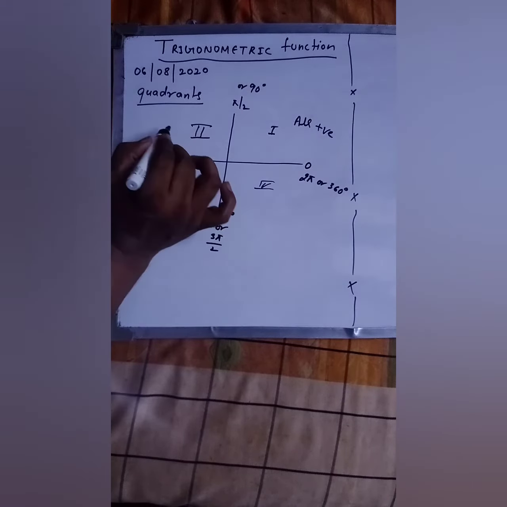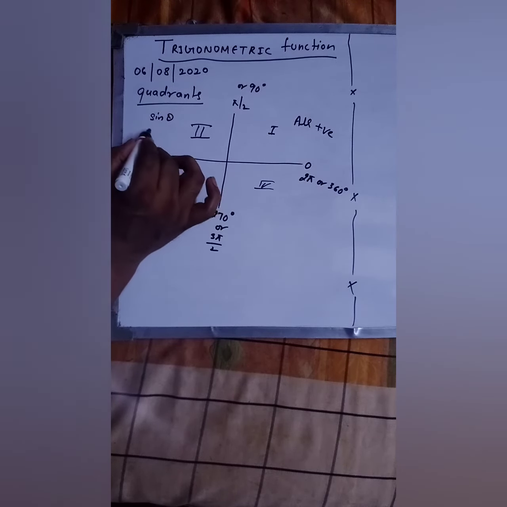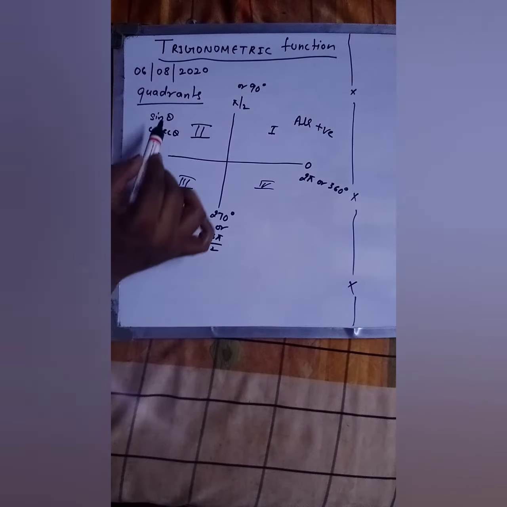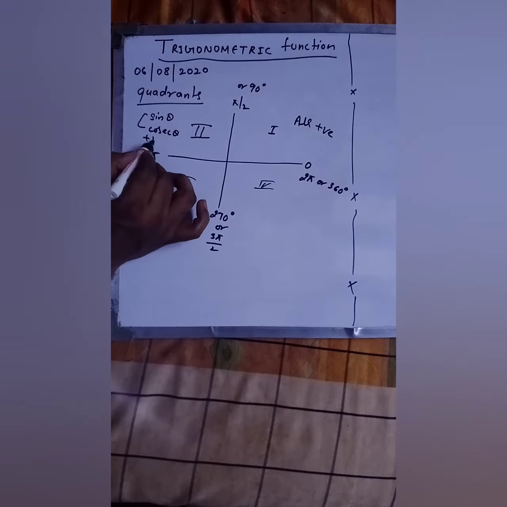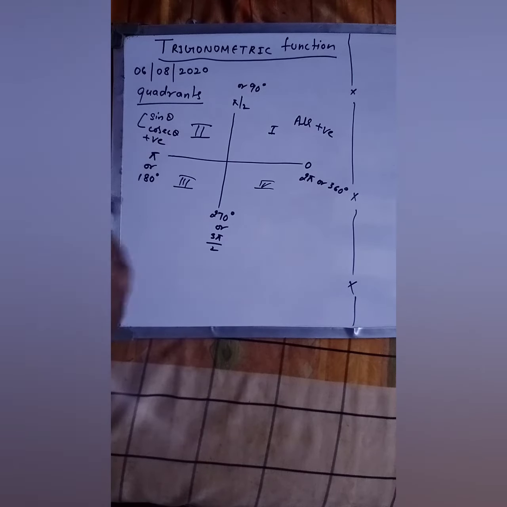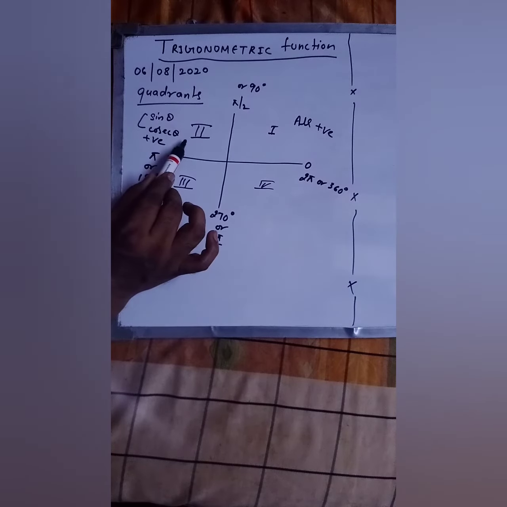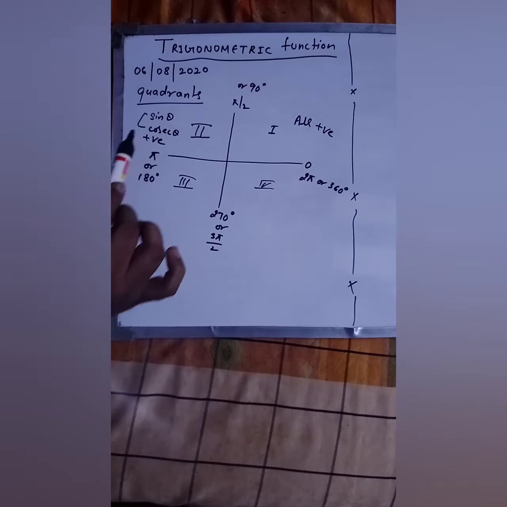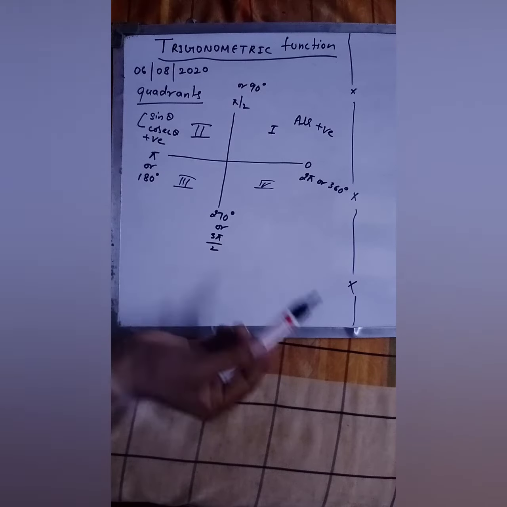In second quadrant, sine theta and cosec theta, these two are positive, and the rest of the other functions will be negative in second quadrant. Okay, in second quadrant, sine theta and cosec theta will be positive, and the rest of the 4 trigonometric functions will remain negative in this.